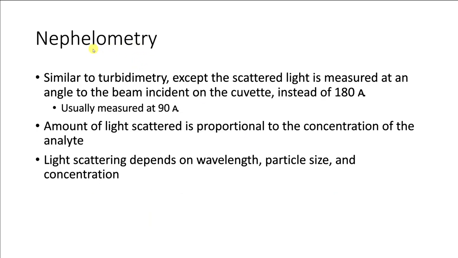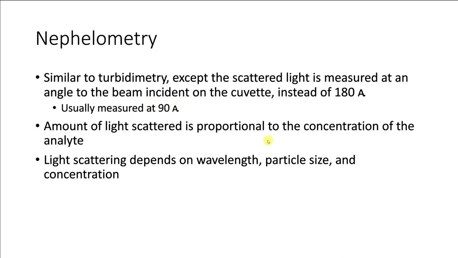Nephelometry is similar, except it's measured at an angle instead of 180. As long as the scattered light is measured not in a straight line, then it is considered nephelometry, but usually the angle will be measured at 90 degrees.